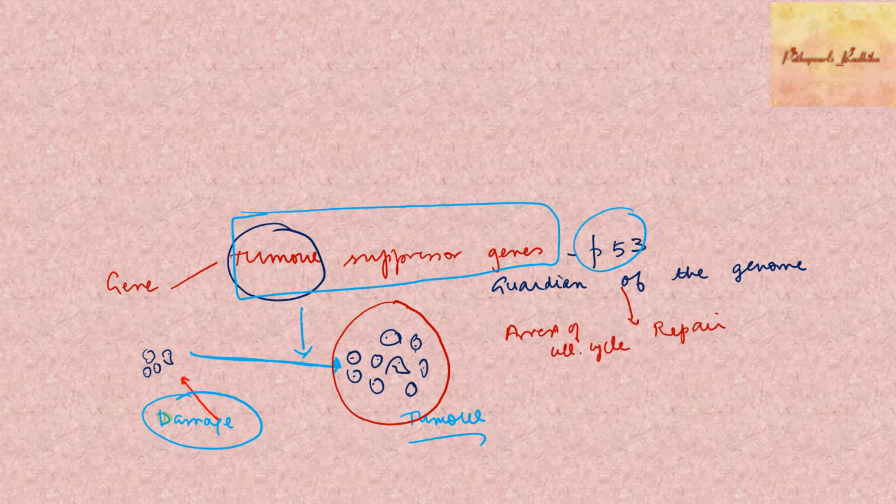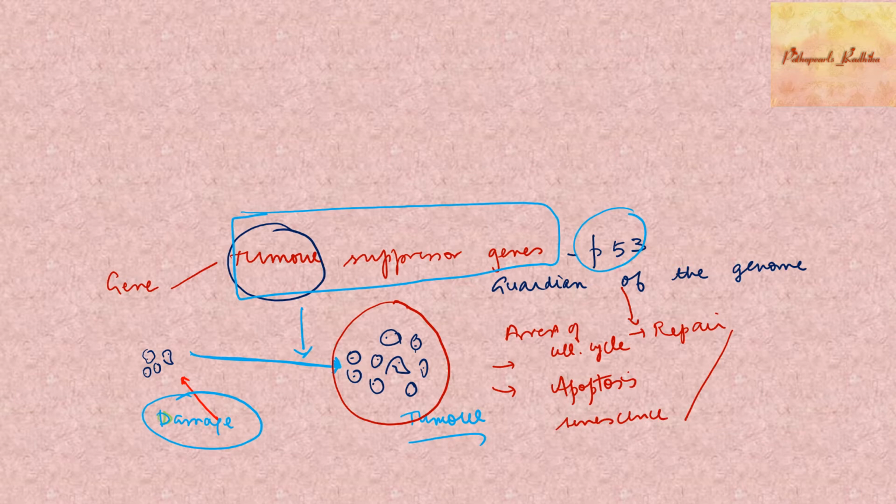Suppose P53 is not able to repair, what happens? It will activate the genes which will cause apoptosis or death of the cell. So it prevents the abnormal proliferation of cells by these mechanisms. And apart from this, it has a role in senescence and many other important pathways as well.